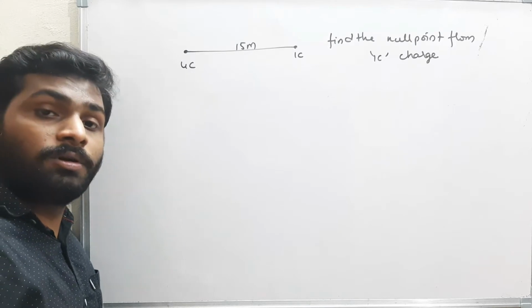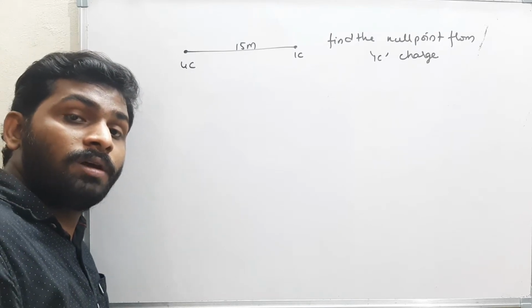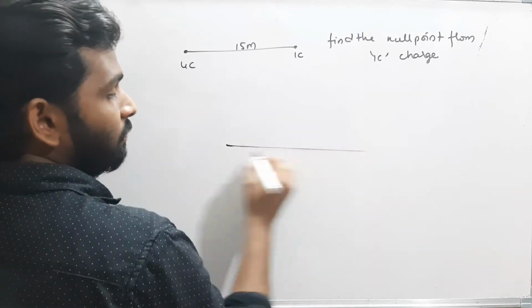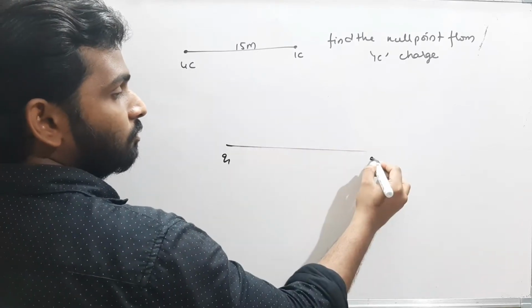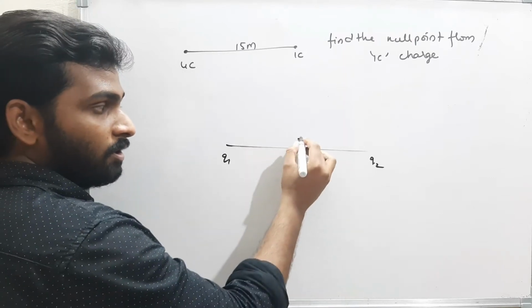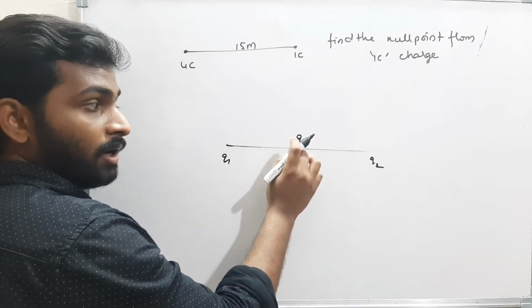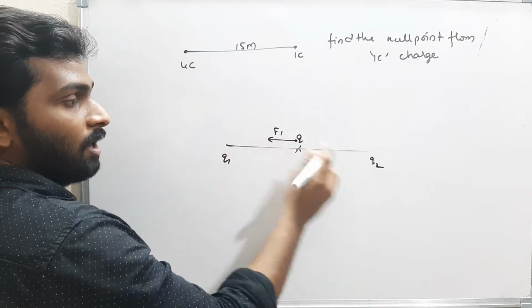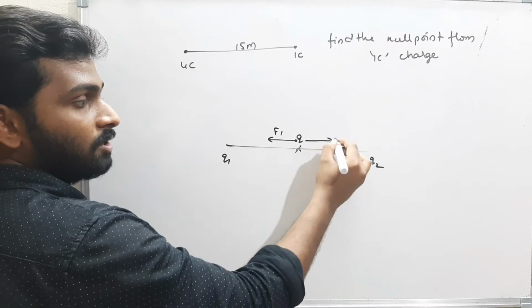What is the meaning of null point? Null point is the point where the net force acting is 0. That means this is some Q1 and this is some Q2. Assume there is a null point. At this null point, if I keep any charge, the net force acting on this charge is 0. Because of Q1, the force will be in this direction, and because of Q2, the force will be in this direction.